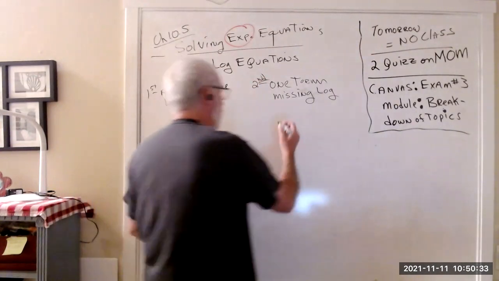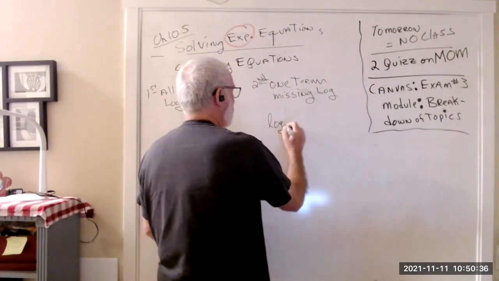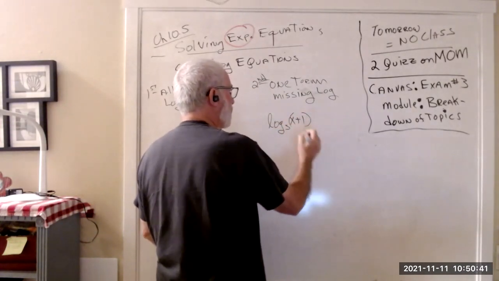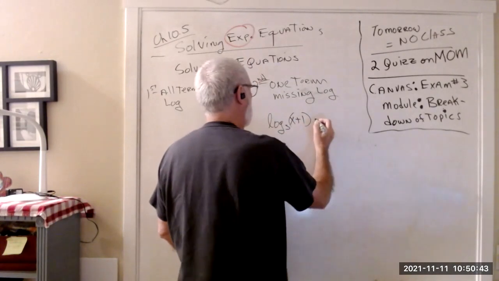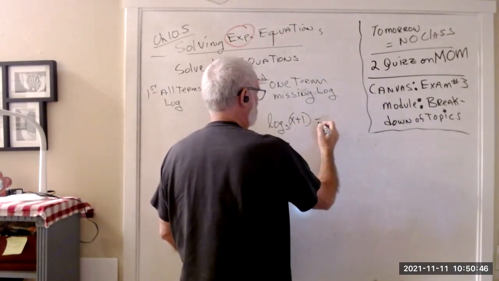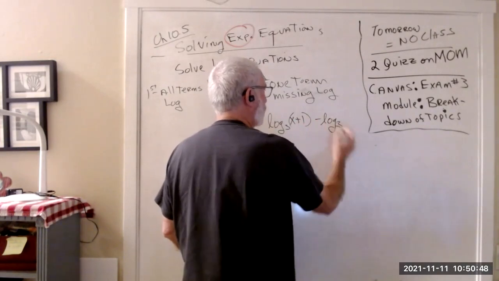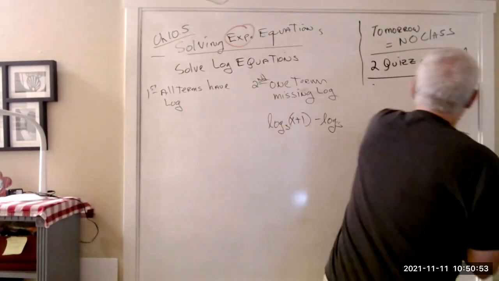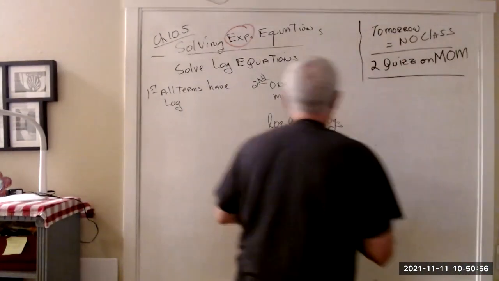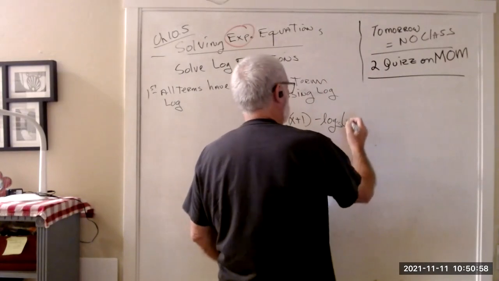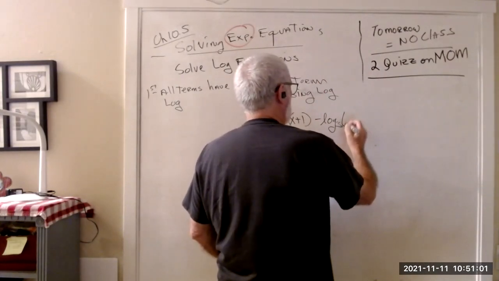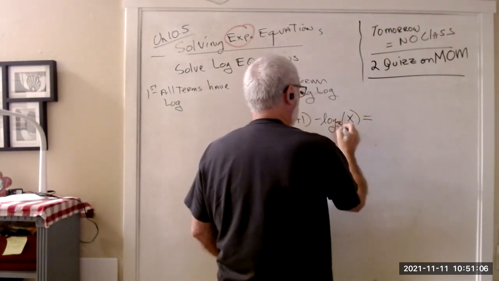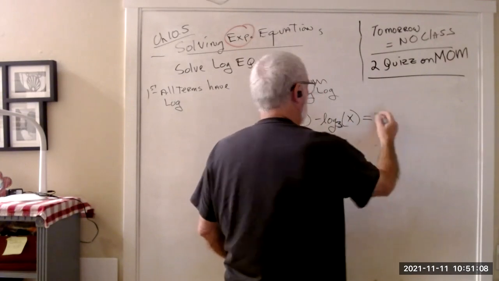So right here, what do I mean by one term is missing a logarithm? Well, here's a sample problem. Log base 3 of x plus 1 minus log base 3 of x equals, I'll have it equal 2.